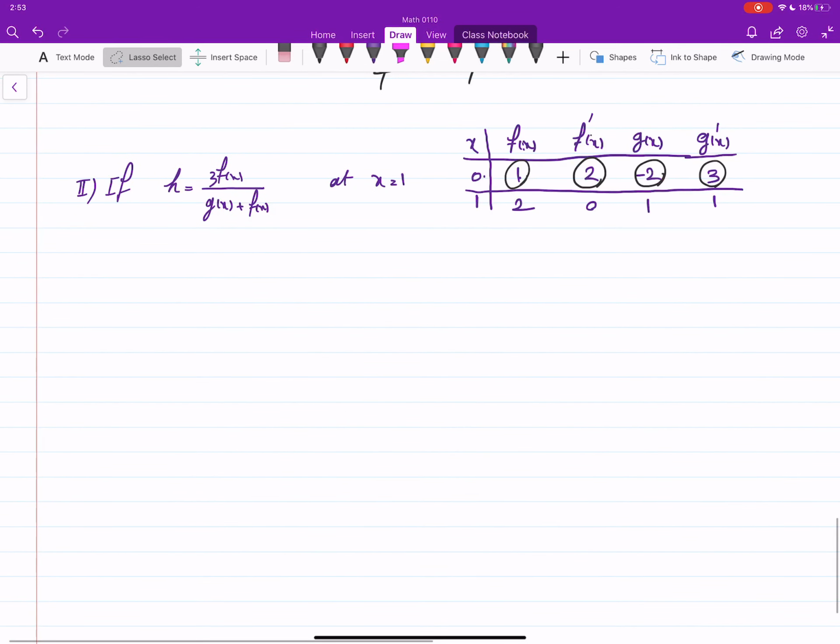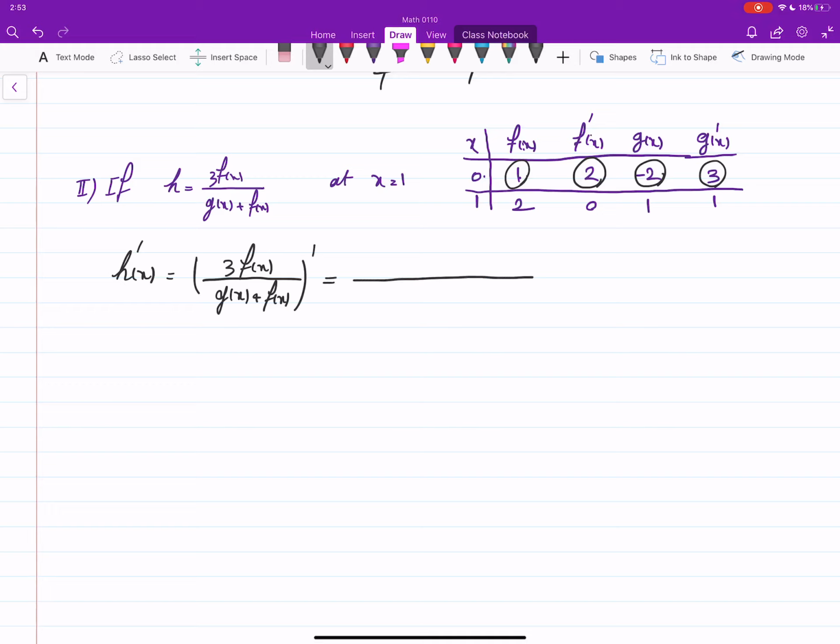How about this other one? Here, for h prime of x, we may need to apply more than one rule, but we will start one by one, to see what is happening. Prime. Okay. This says what? We have two functions divided, so I have to apply the quotient rule.